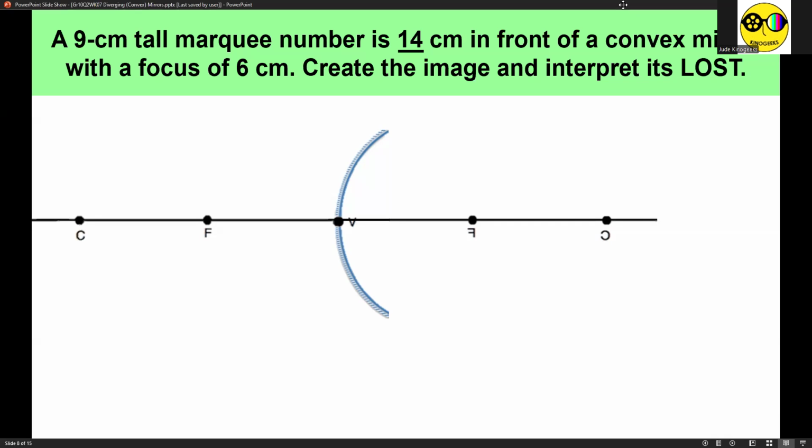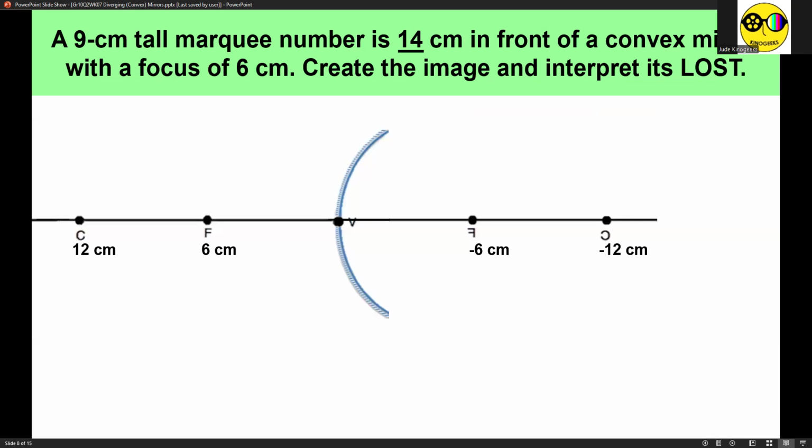So the best thing to do before you start the ray diagramming is to determine the focal length and the radius of curvature. So in the problem, the focus is already 6 centimeters. And with that, the radius of curvature will be 6 times 2, which is 12 centimeters. Okay, so those are the numbers written on the left side or in front of the convex mirror.